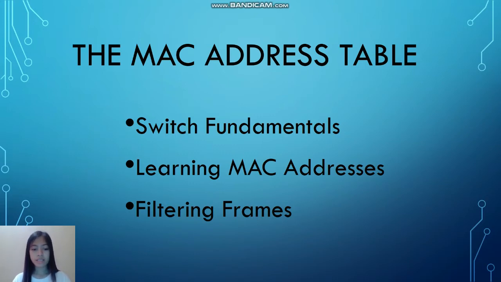Learning MAC addresses. The switch dynamically builds the MAC address table by examining the source MAC address of the frames received on a port. Filtering frames. As a switch receives frames from different devices, it is able to populate its MAC address table by examining the source MAC address of every frame.